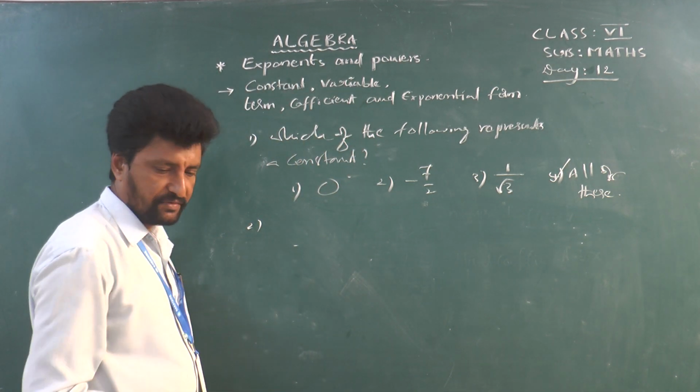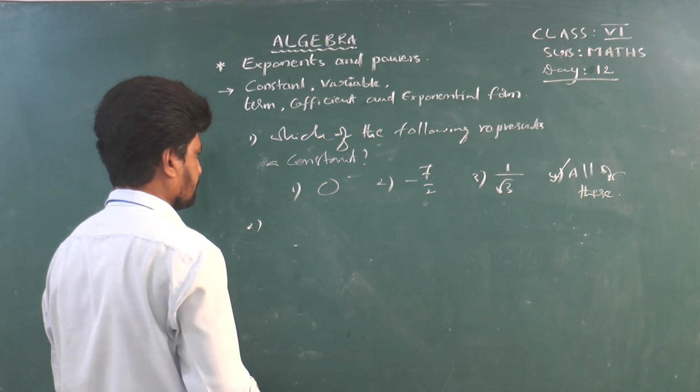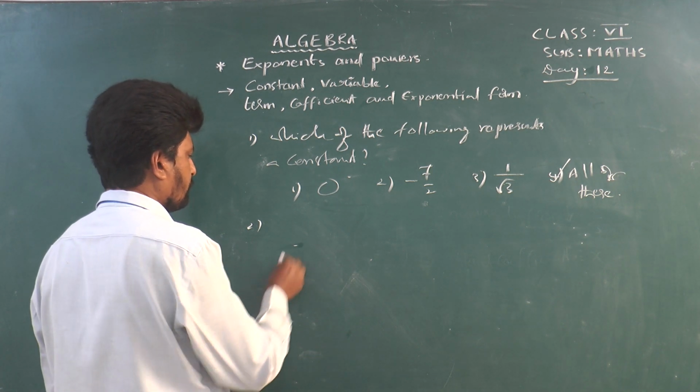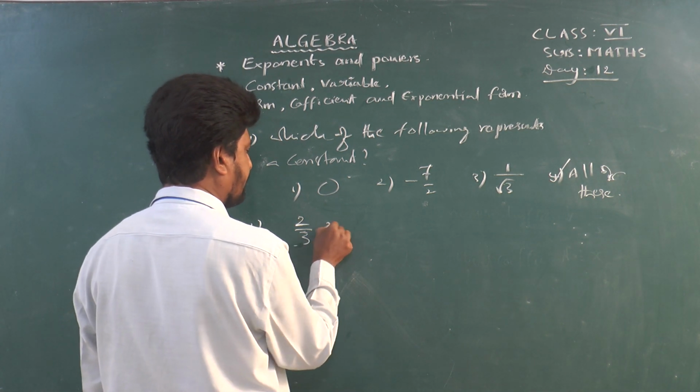And the second one we are taking, let us suppose 2 by 3 into x.